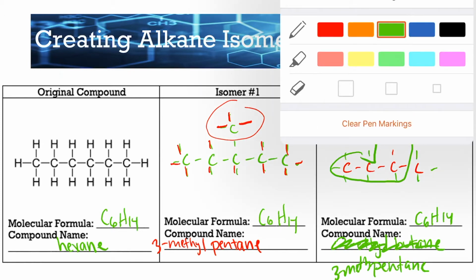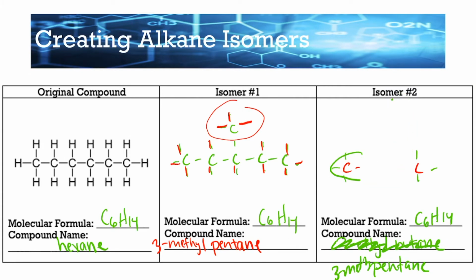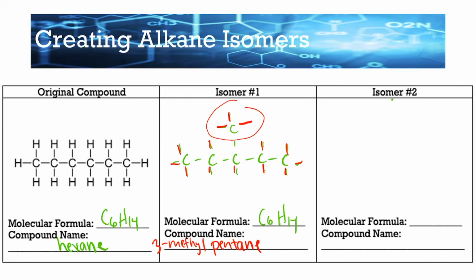So if we erase this one, let's try another one. Let's see, we can do something that looks like this. 1, 2, 3, 4, 6 carbons. And then 1, 2, 3, 4, 5, 6, 7, 8, 9, 10, 11, 12, 13, 14 H's. So we still have C6H14.